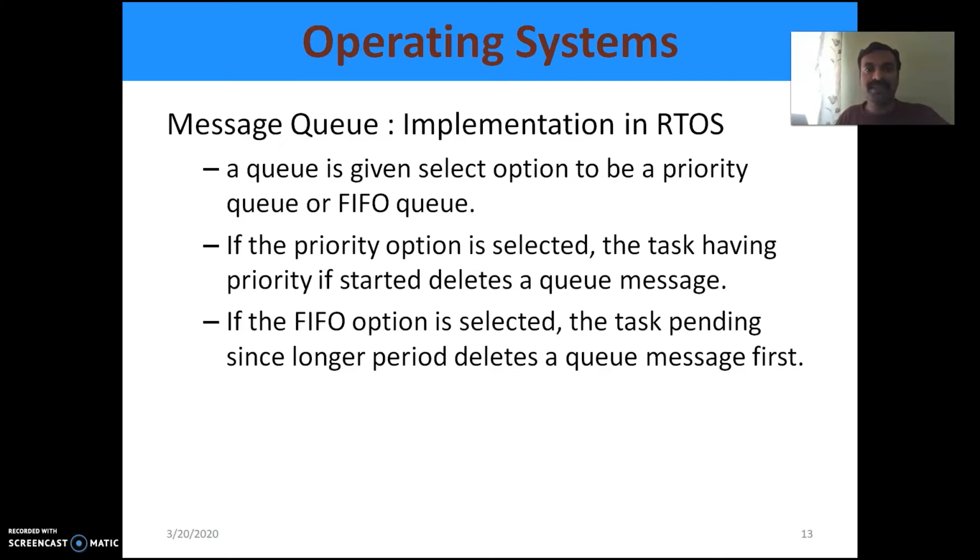If the other option is selected, that is, it's a FIFO queue, it works like a normal queue. The message that has been there for the longer time will be deleted. So this is how it happens in a real-time operating system.